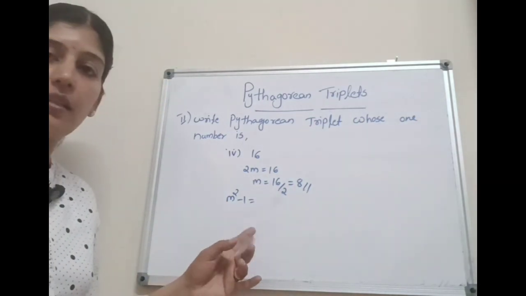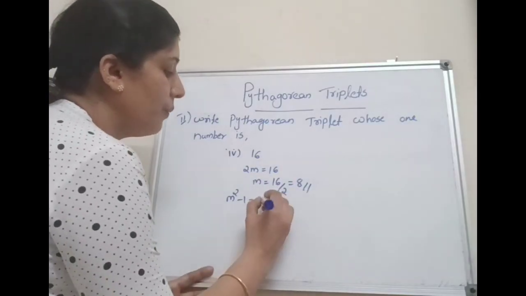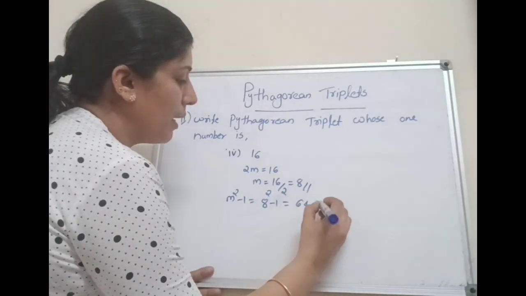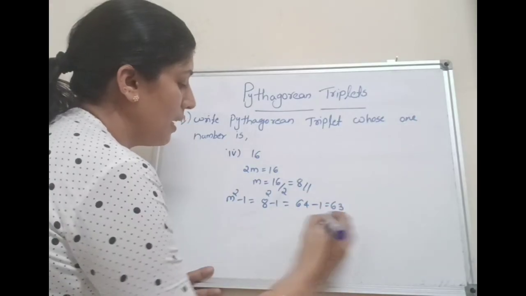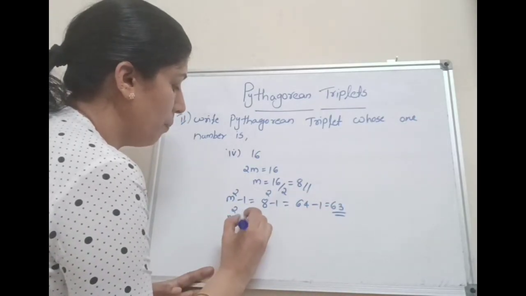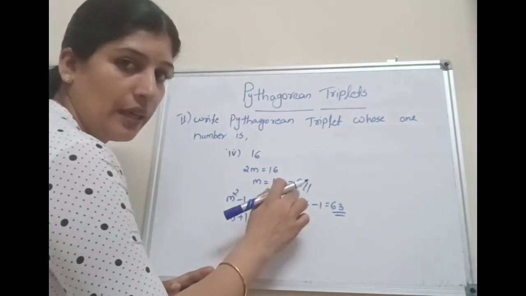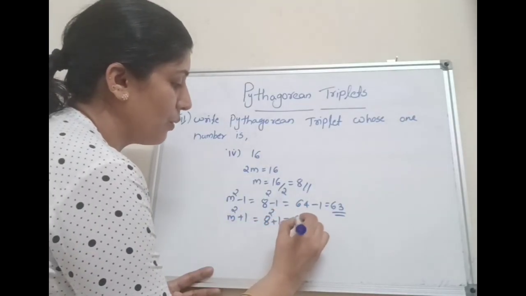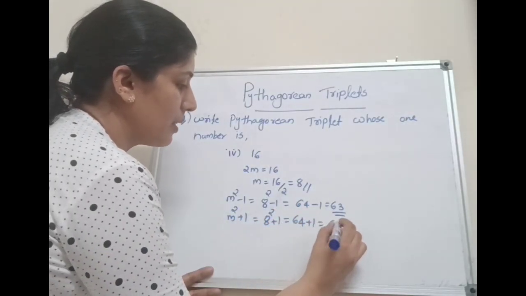Therefore, the other numbers, m square minus 1 equal to 8 square minus 1 equal to 64 minus 1 equal to 63, and m square plus 1, here m equal to 8, therefore m square plus 1 equal to 8 square plus 1, that's equal to 64 plus 1 equal to 65.